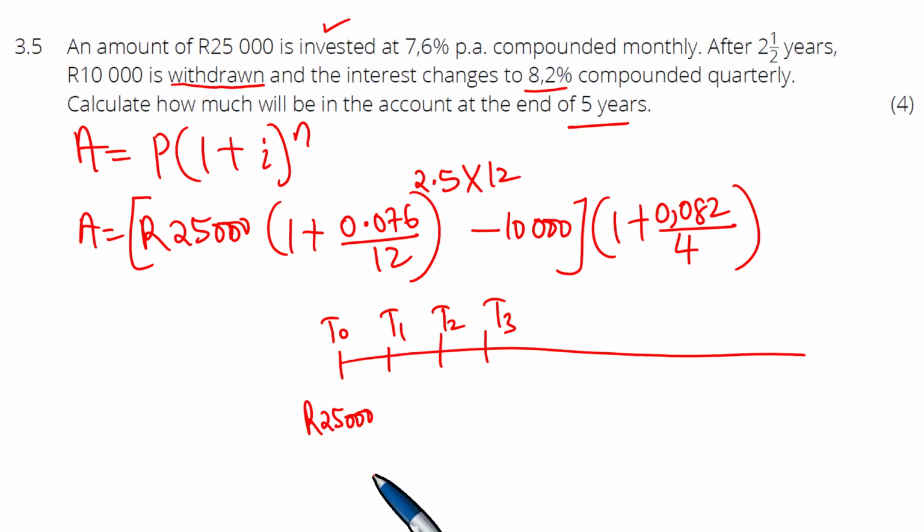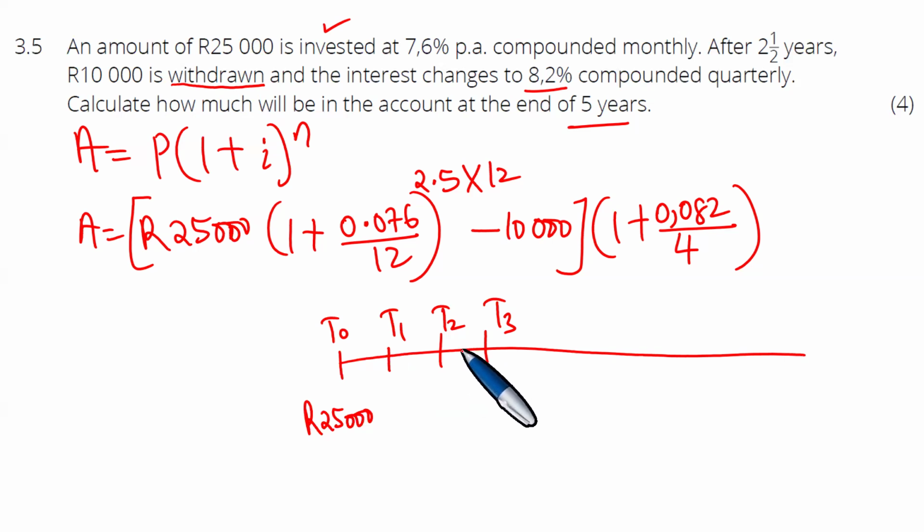After 2.5 years, 10,000 is withdrawn. If these are years, you have 1, 2.